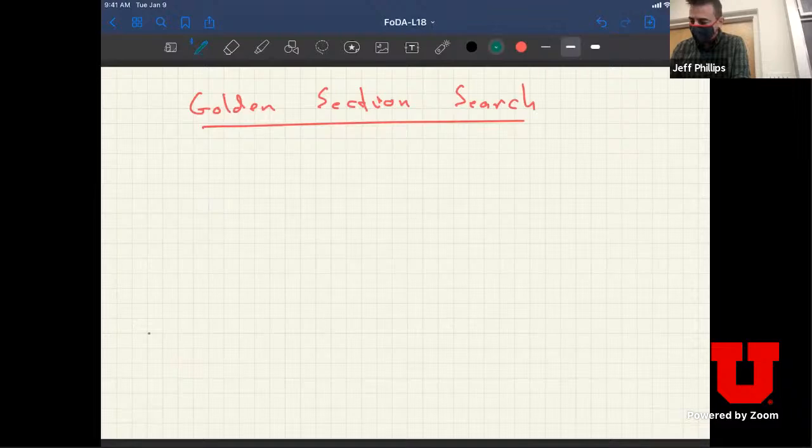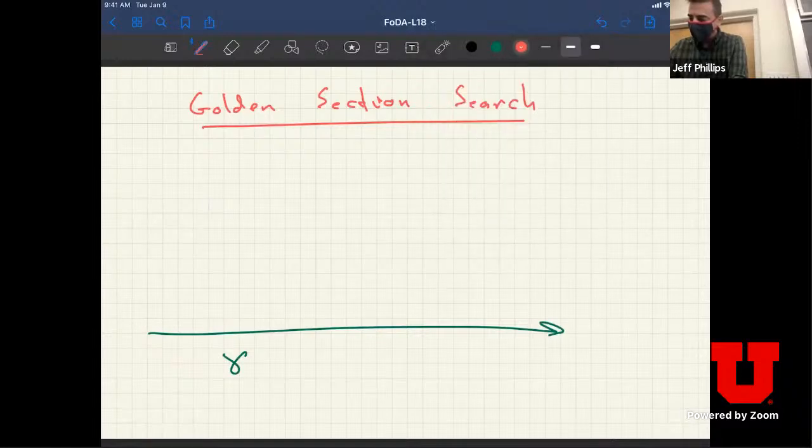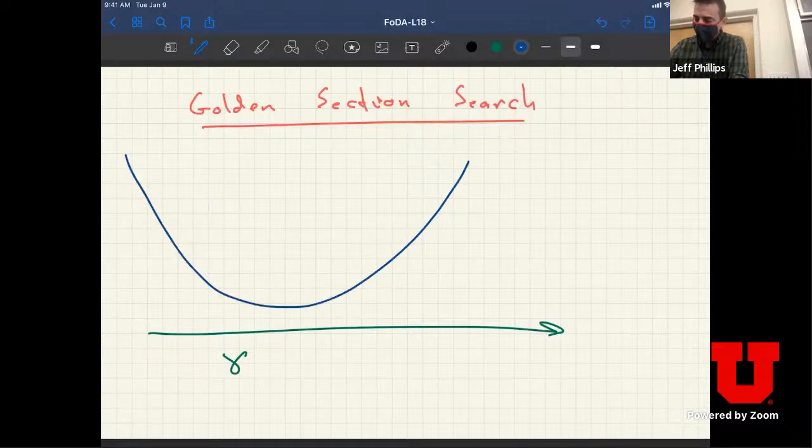Once I've restricted to this line, this is the value of gamma I can choose, and there's a corresponding function. I'm at a point here, this is gamma equals 0, and I want to figure out where the function along this line is at its minimum.